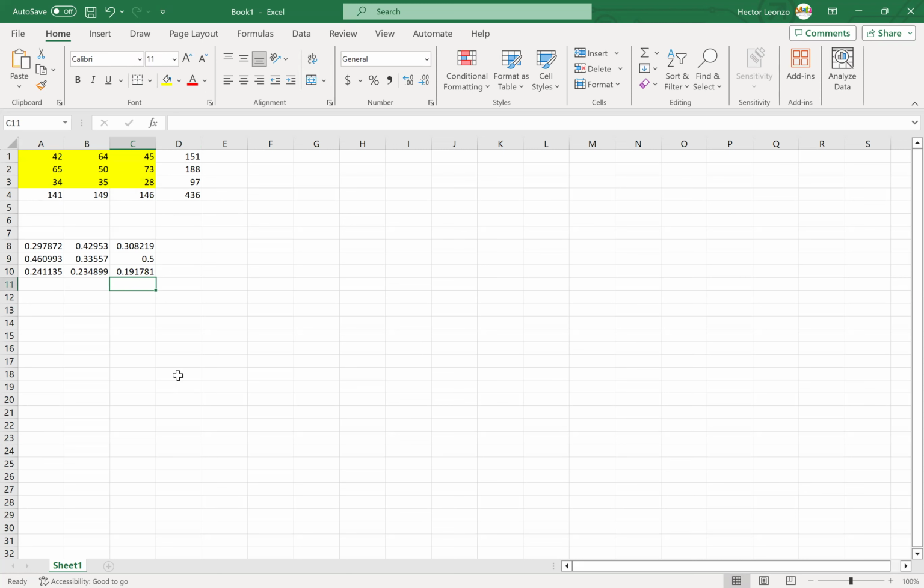Now, one thing you can remember to multiply this by 100, right? Move the decimal twice to the right. I'm actually going to highlight them and press percent. Now, the beauty of this is it rounds it to the nearest whole number. You see what I did? I just highlighted those and clicked on the percent.